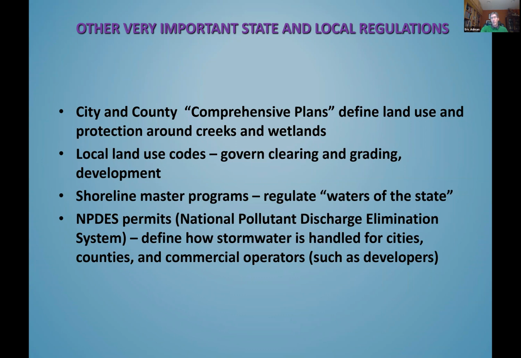They all have to come up with a plan and submit that plan to the Department of Ecology, who administers these in Washington State, and they have to approve it. That defines how they're going to manage stormwater within their jurisdiction, or for a commercial operator within their site. So those are a big regulatory area that affects water quality.